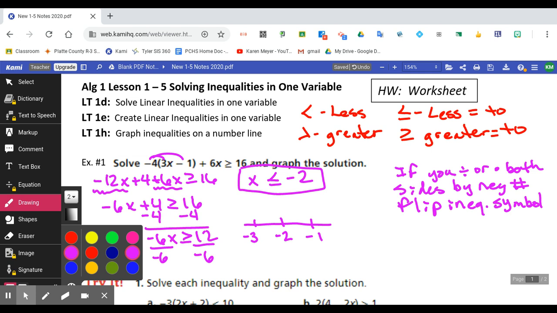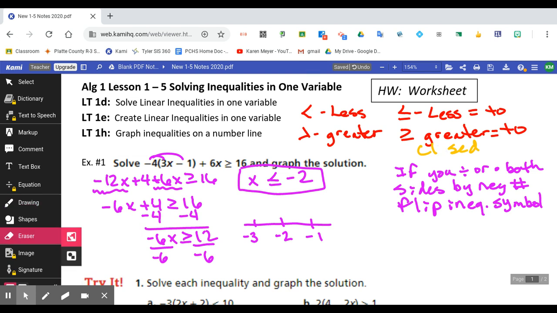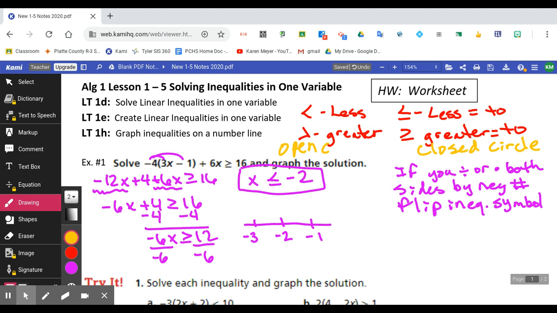If you have the or equals to, then that means you have to graph with a closed circle. If it doesn't have the or equals to, that means you're going to graph with an open circle. So for us, we have the or equals to, so make sure you put a filled in closed circle.